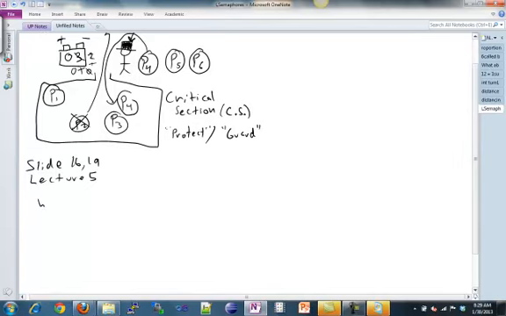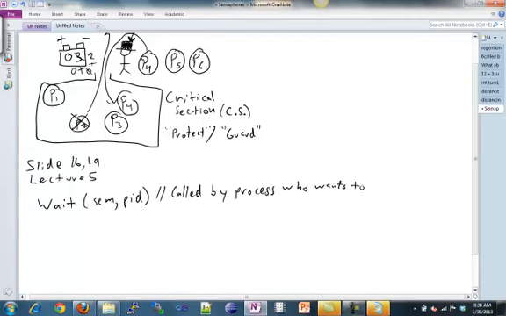Wait, and that'll take in some semaphore and some process ID. And this is called whenever a process wants to ask permission to enter a room. So called by a process who wants to enter the critical section.